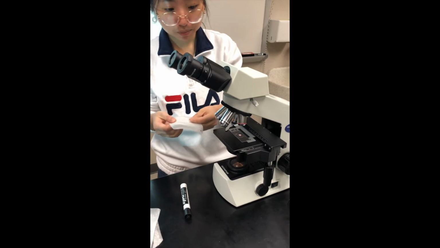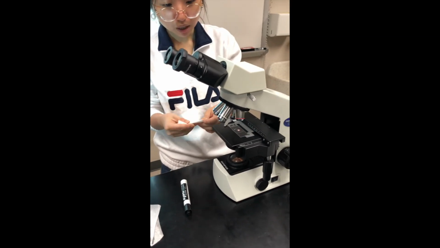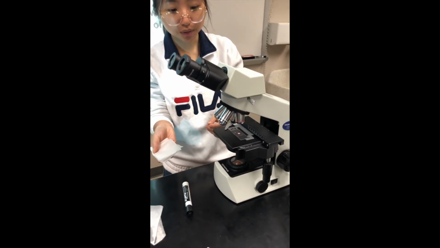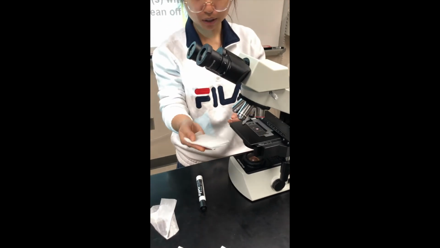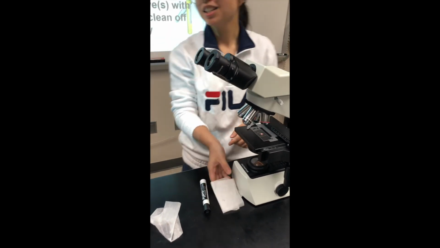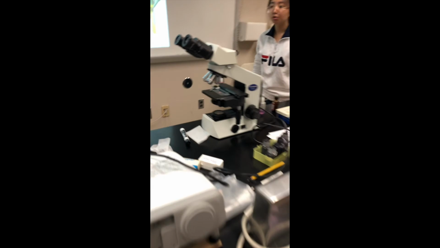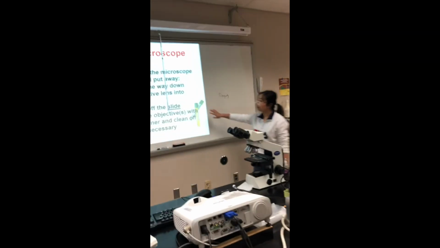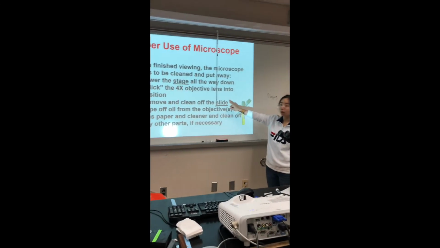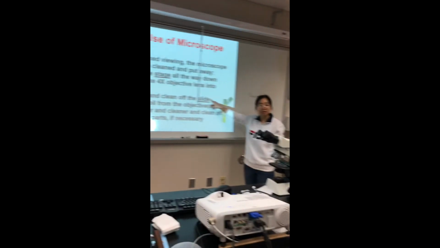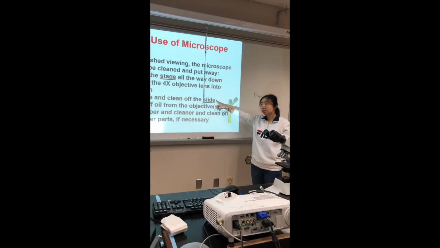But sometimes some people still leave oil. You will still get a view like this. So this is something you need to make sure of. Remove and clean off the slide. Also use the lens cleaner and the lens paper to clean the slide.